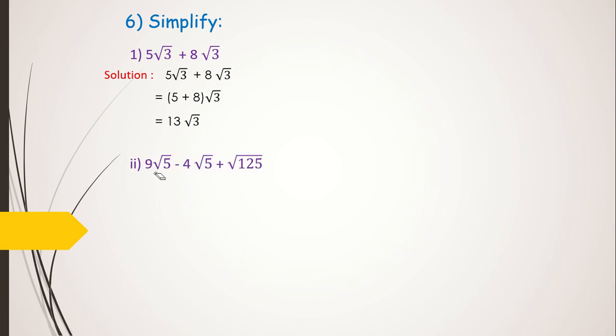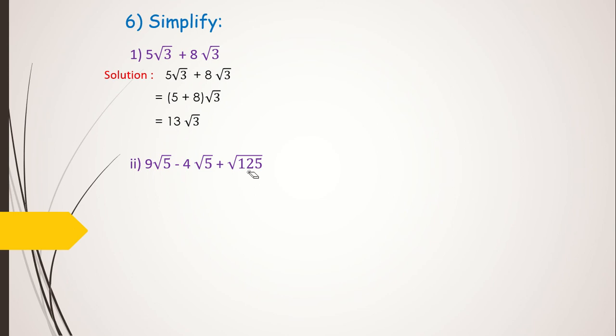Now 9 root 5 minus 4 root 5 plus root 125. These two are like surds already, so you can directly subtract them, 9 minus 4, not a problem. Only this part, just by looking at it, doesn't look like a like surd. So we have to convert it into its simplified form.